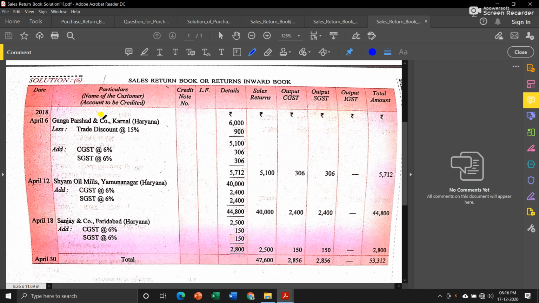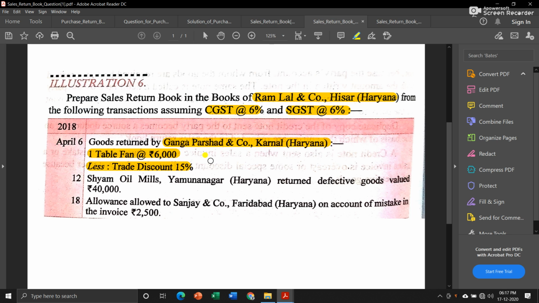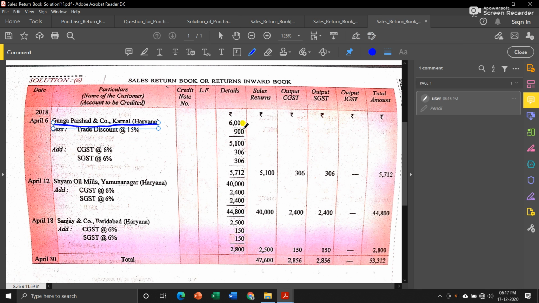Now this is the format of the sales return book. First we will write down the name and address of the customer, Ganga Prasad and Company, Karnal, Haryana. Since in the question they haven't mentioned the number of the credit note, we will not write it down. The goods that they have returned is a table fan at Rs 6,000, so we can directly write 6,000 here.